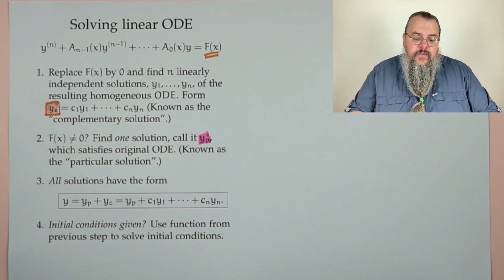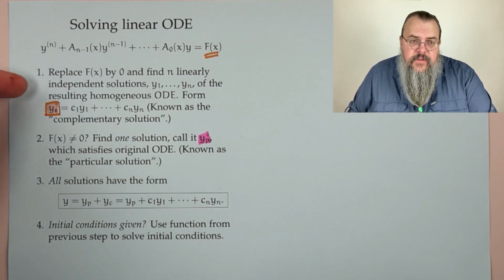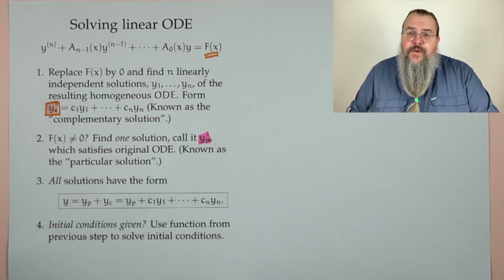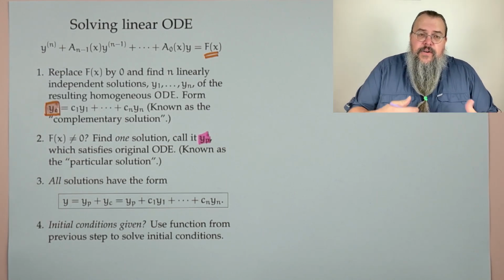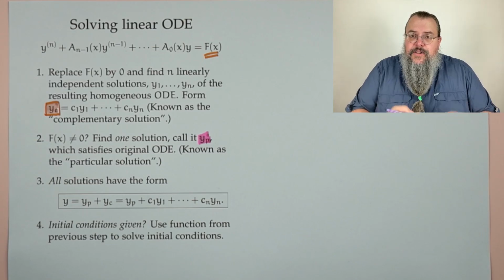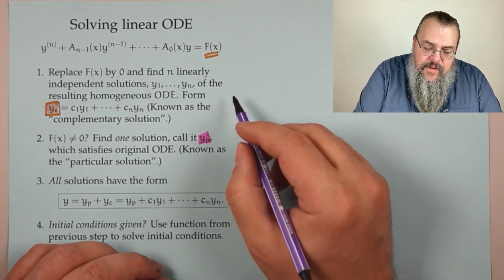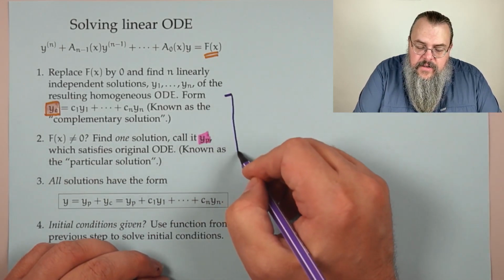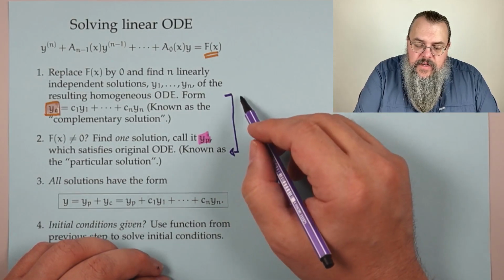Now, you might notice we put an order here. It's really important to do step 1 before you do step 2. The reason is that the way we often go about getting our particular solution builds off of our complementary solution. So we're going to talk about this later, in the near future. We're going to talk about various ideas.